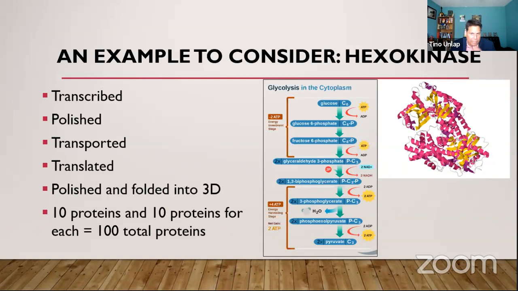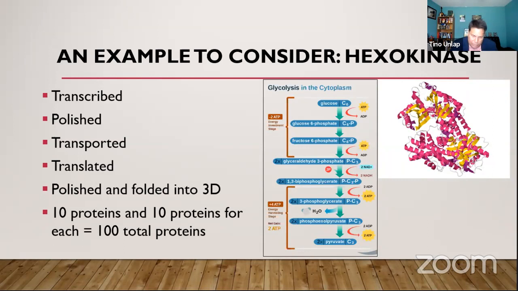That one machine, that one protein, has to be transcribed. Based on the DNA code, HEXOKINASE must be transcribed. A lot of proteins are involved in that process. We don't know exactly how many, hundreds. That transcript is polished, then it is transported out from the nucleus to the cytoplasm, and then it is translated.